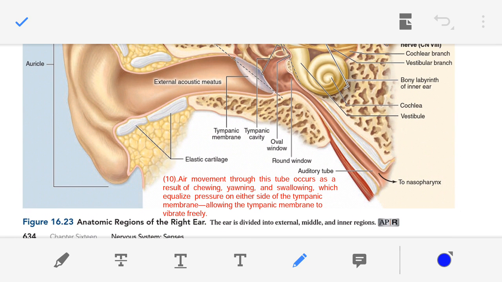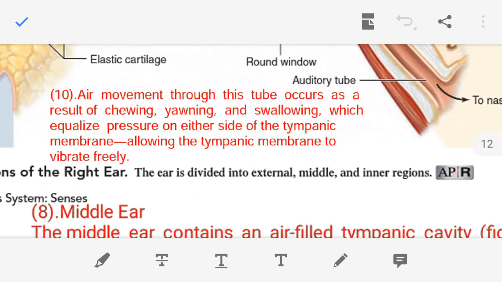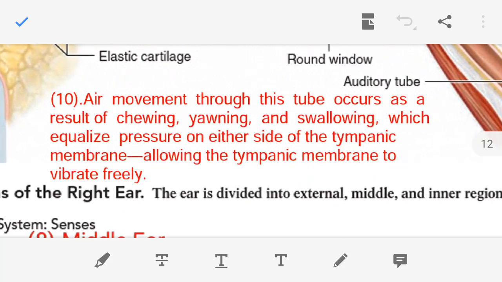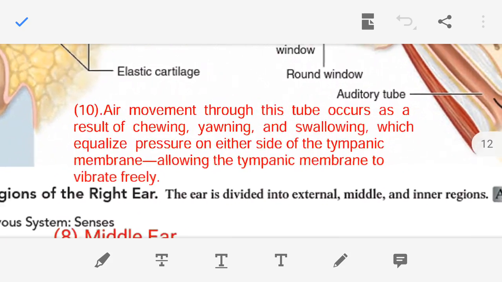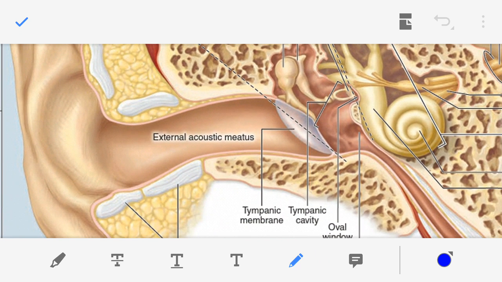See here, the air enters this way. Now we can understand on both sides. This one is the tympanic membrane.